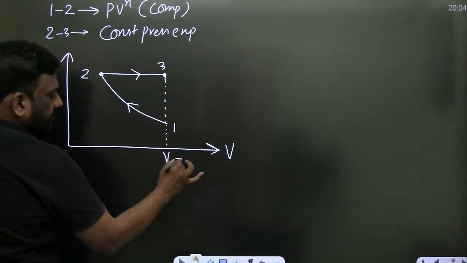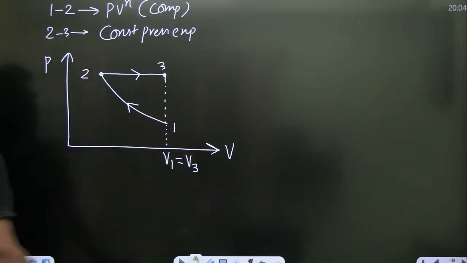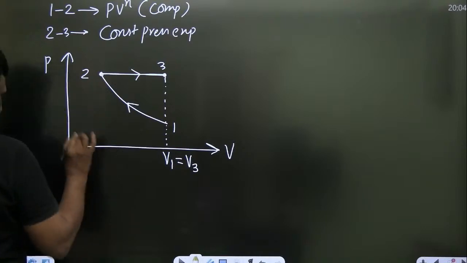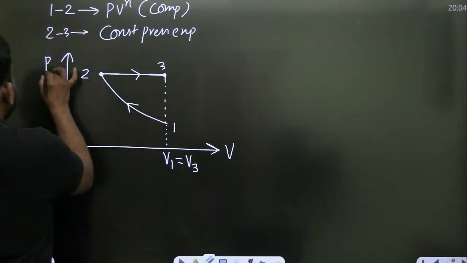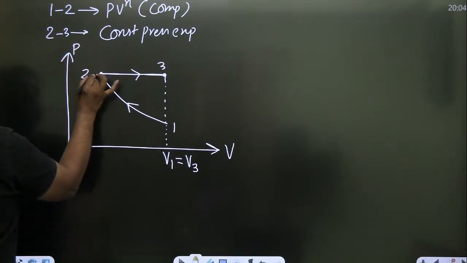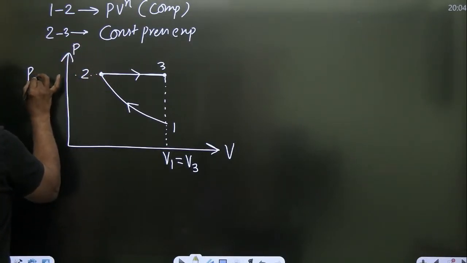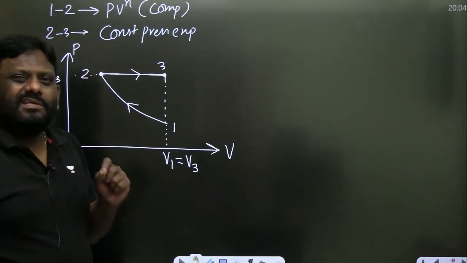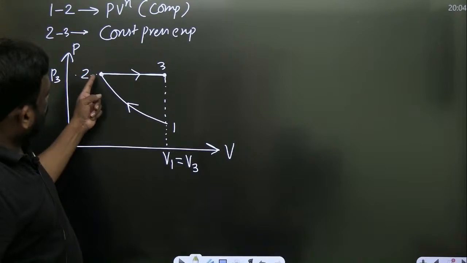He said V1 is equal to V3. ठीक है? This is given. And you also know the pressure here, P2 is equal to P3. No problem at all. So P2 is equal to P3.